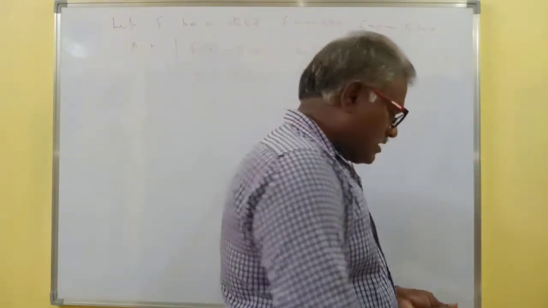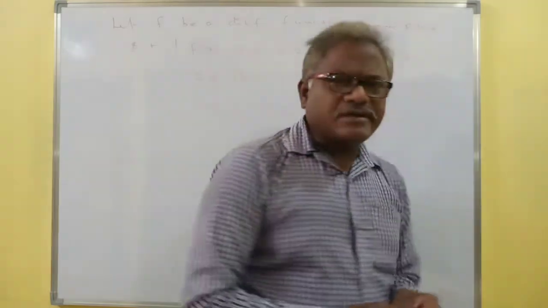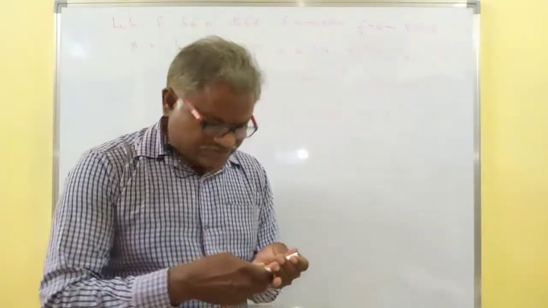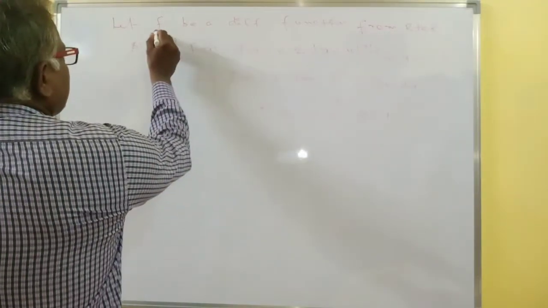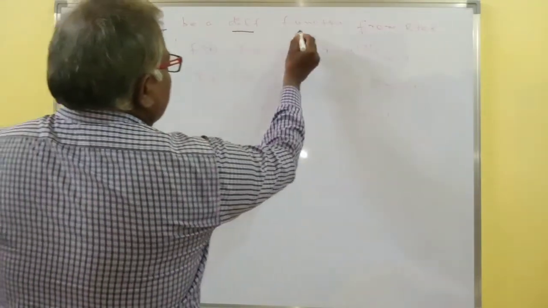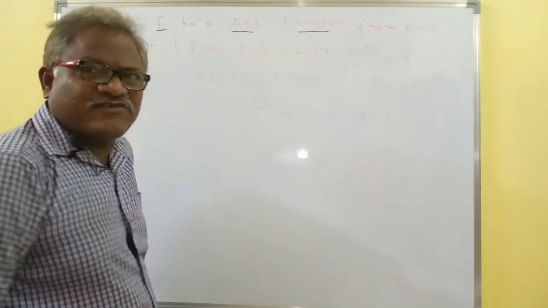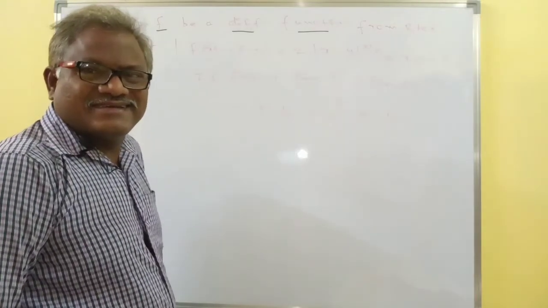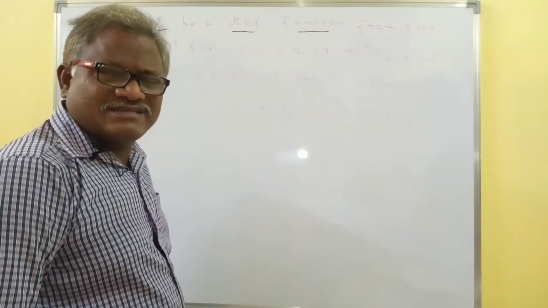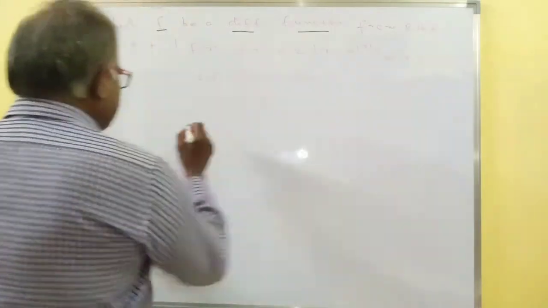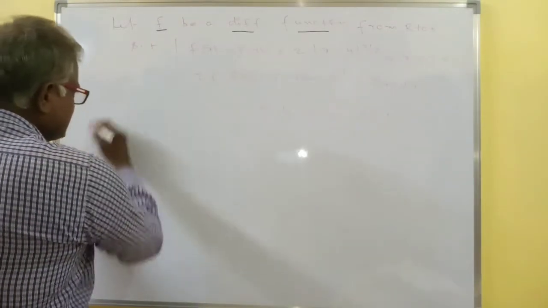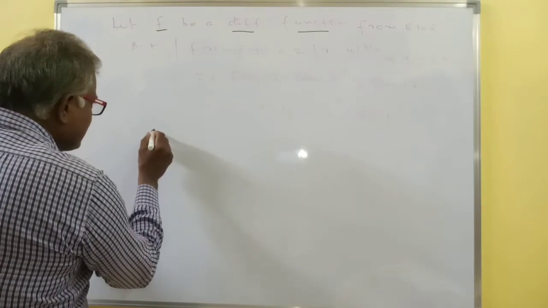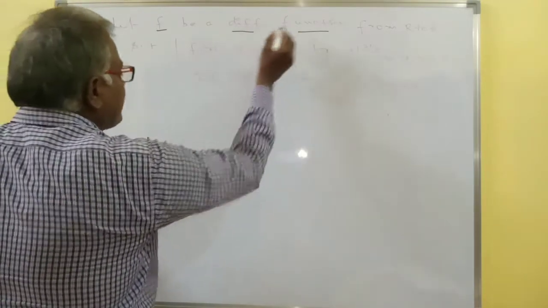So, you have to keenly observe the question. You see here, f is a differentiable function. That means what is the derivative of a function? First of all, you should have the idea of differentiation.